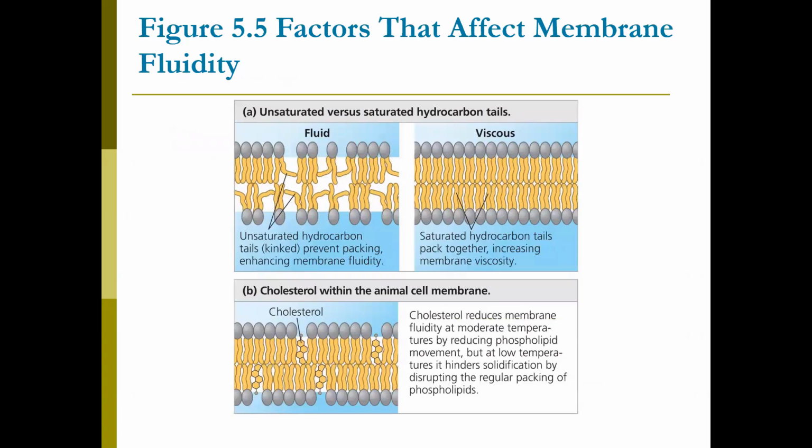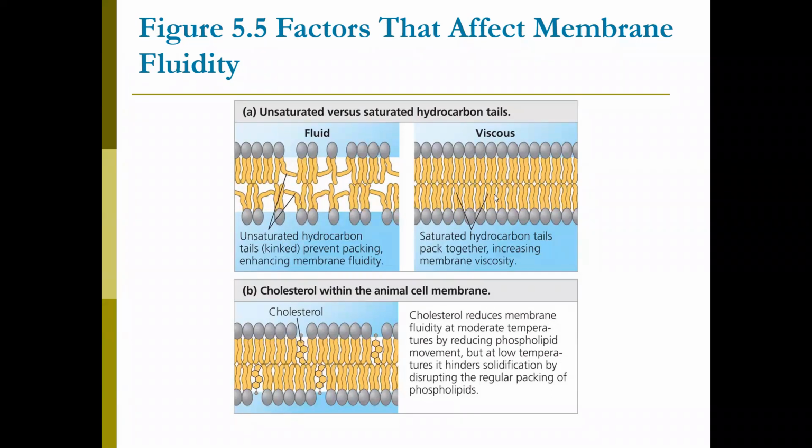Here's an example of what would happen if we didn't have cholesterol. You can see that if it's too fluid, you end up with little breaks in our phospholipid bilayer. That could be a big problem. Certain things could enter the cell that we don't want, or leave the cell if we don't want them to.